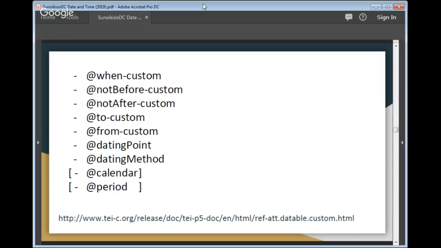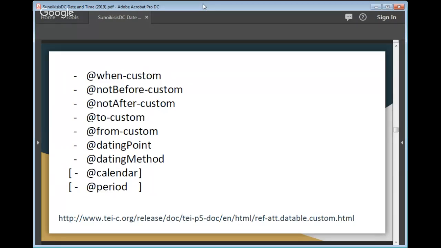So these are the new attributes that have been introduced in the custom dating module, the first 7 of these, in fact. The first 5 will be very familiar: when, notBefore, notAfter, to, and from. They all mean exactly the same as they do in the regular TEI, just with custom added after it, which means they are not Gregorian.